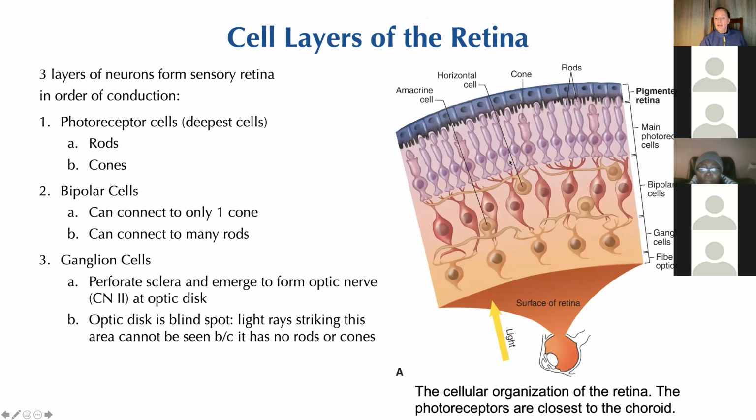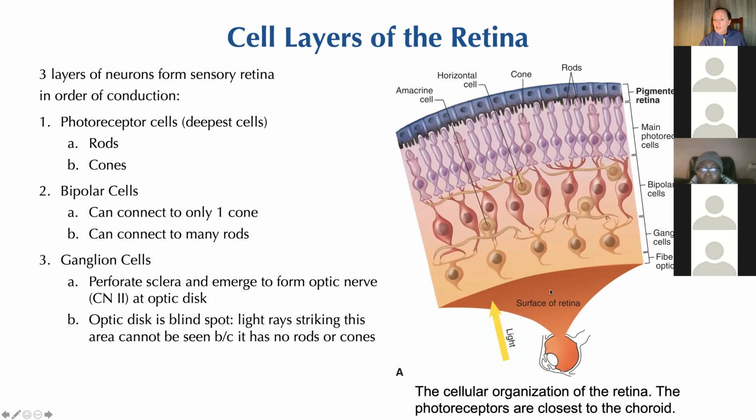So let's look at it here. The surface of the retina, this is where light is going to be coming in through the eye right here, passing through the cornea, into the lens, through the pupil, the iris right here, through the lens here, and it's going to strike at the back of the retina right here. So this is the section we take of the retina, and look at the surface of the retina.